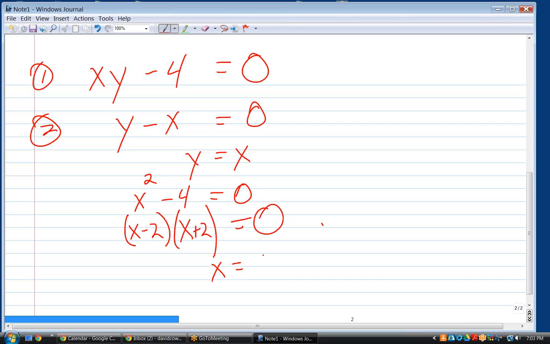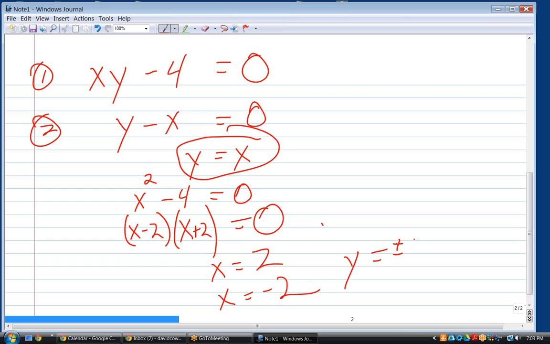Now you can't make a mistake. And then, of course, we have to solve for y also. So we plug in, we look at that equation, and therefore y is also equal to plus or minus 2.